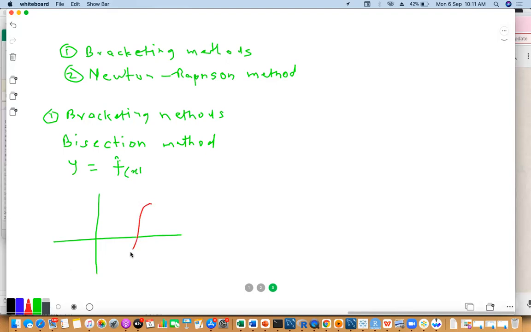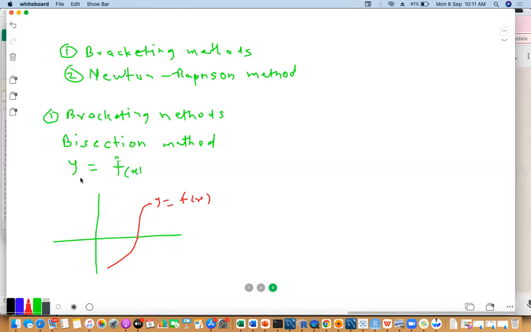Now we know that this function has a root at this point, right?